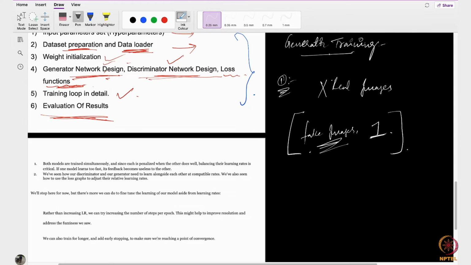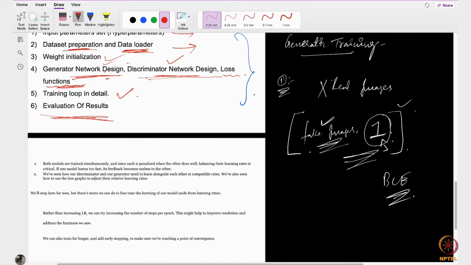That means while training the generator, we are fooling the discriminator in such a way that whatever images are generated by the generator, their targets are kept as 1. That means we are fooling the discriminator. This is how the target values are chosen, and later on again they will use binary cross entropy loss only. Please keep these points in mind.